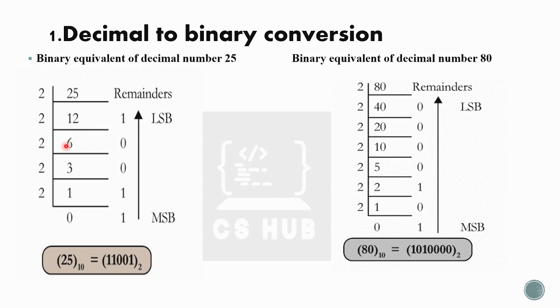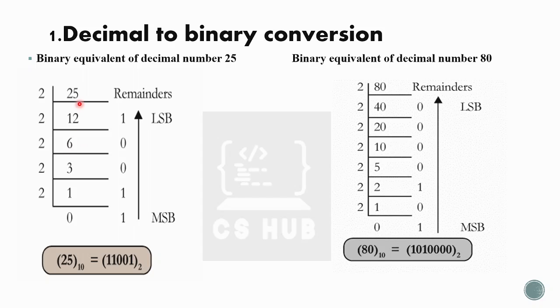Then this 6 is again divided by 2. 6 divided by 2 means 3 is the answer and the remainder will be 0. This 3 is again divided by 2. So 1 is the answer and the remainder will be 1. Then this 1 is divided by 2, we will get 0 as the answer and 1 as the remainder.